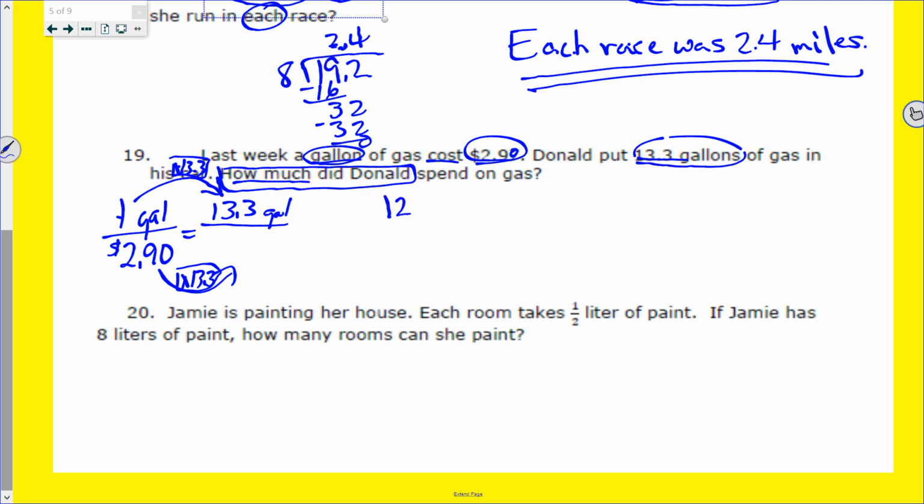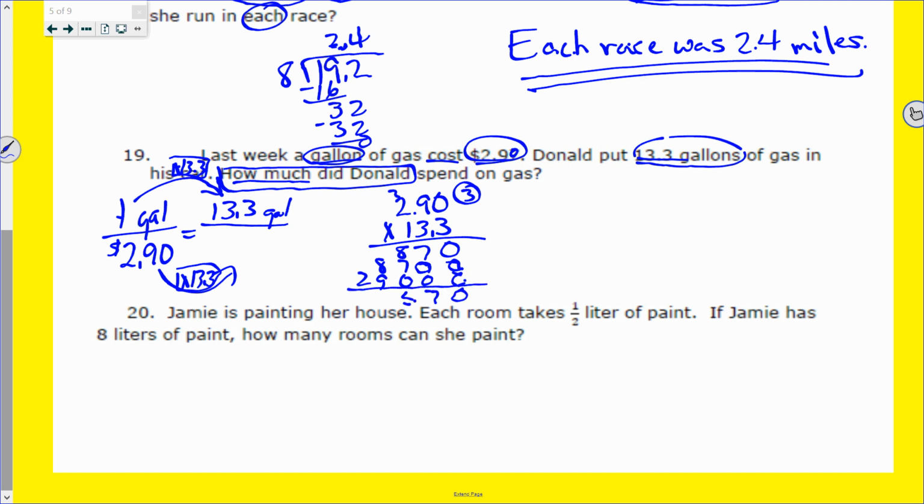So 290 times 13.3. I've got 3 decimal places. 87.0, 0870, and then 2 zeros, adding up my columns.